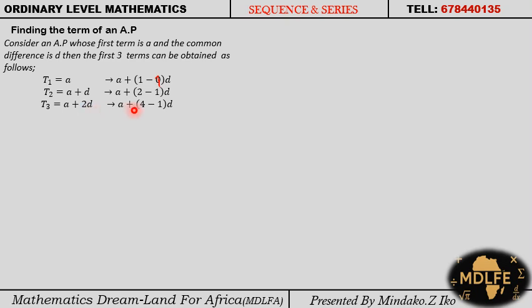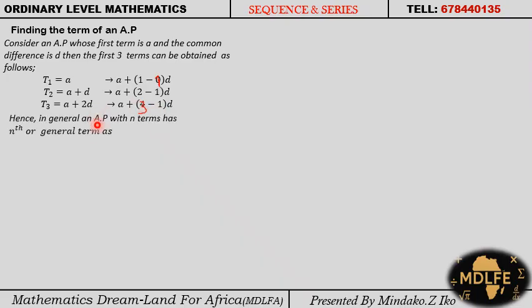There was a mistake here: it was supposed to be 3 for the third term. So for the third term we have a plus 3 minus 1, which is 2d. Okay, so that is it.